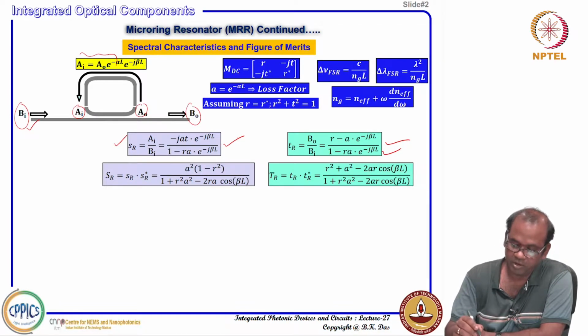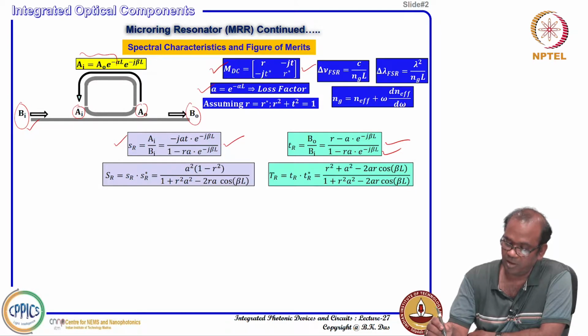In this derivation we have used the directional coupler transfer matrix. We define it as MDC, that means transfer matrix for the directional coupler. And then we have already defined one more parameter called the loss factor, which is A equal to e to the power minus alpha L, where alpha is the loss coefficient.